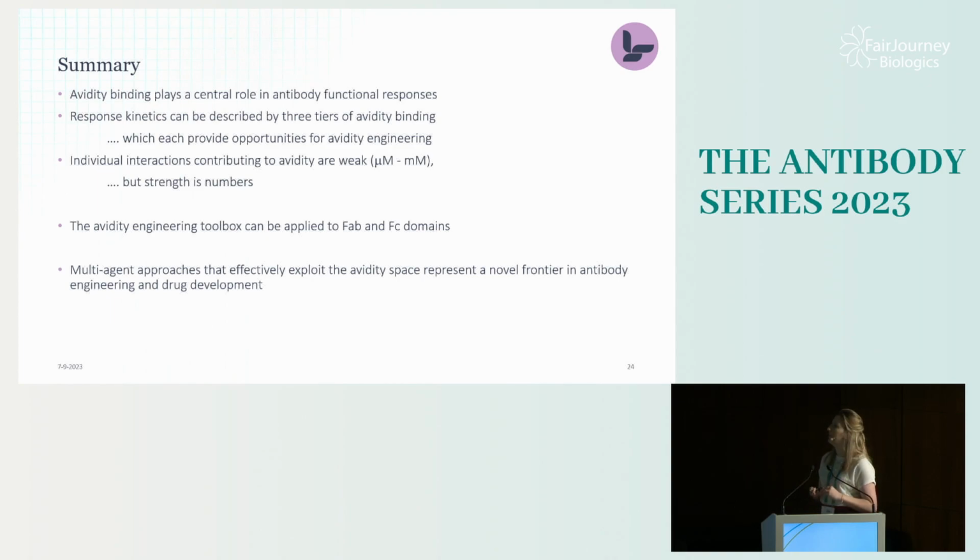And I've really mostly shown you how we can manipulate the Fc context to enhance avidity, but this can also be applied to Fab. And in the review, we described some examples of how Fab-Fab interactions can be manipulated. And also, there was a really nice paper recently by Greg Lazar, also showing an application of Fab-Fab interactions and how they can result in potentiated responses.